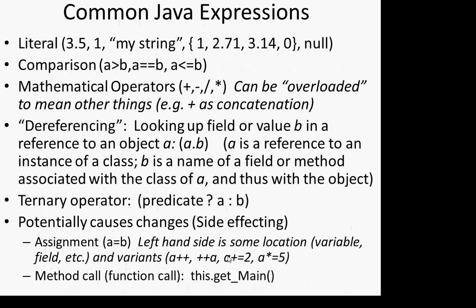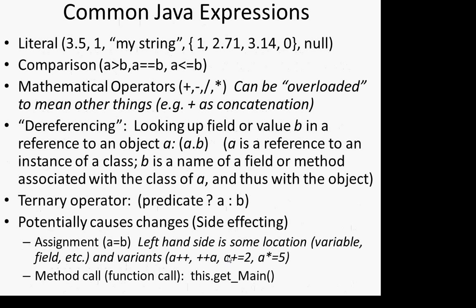And then there are some mathematical operators that can be used for expressions: a plus b, a minus b, a divided by b, a times b. And sometimes, confusingly, Java overloads these things. So plus can be a mathematical operator, or it can mean put two strings together, append them, okay?